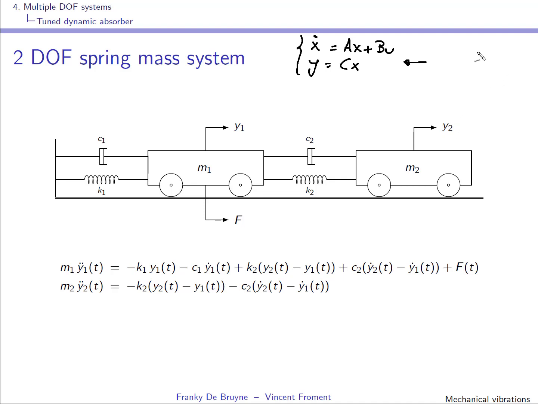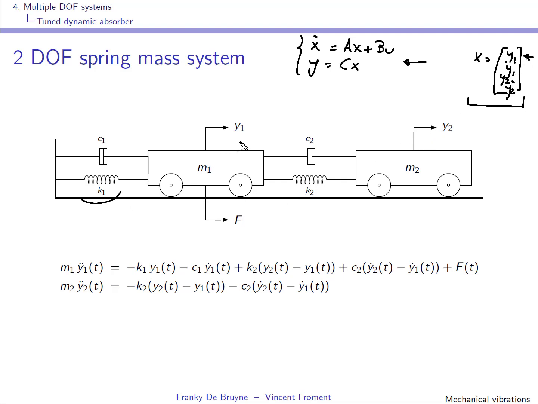Remember that in the x, we'll put y1 and its derivative, y2 and its derivative. So this will be our state. And don't forget that we have energy that is stored in this spring. So this is why we did state y1.